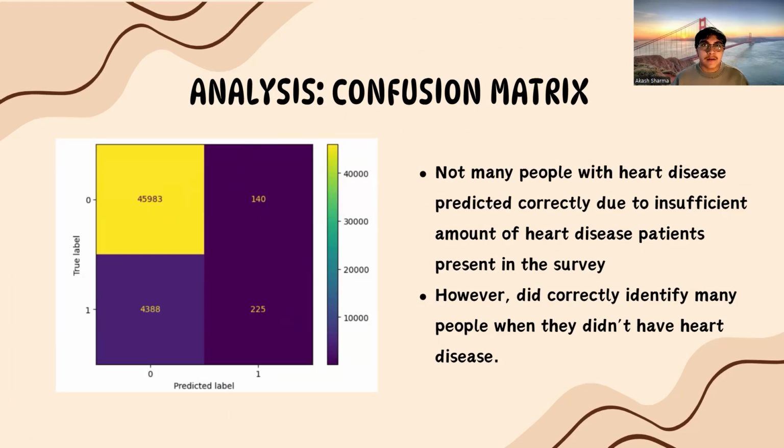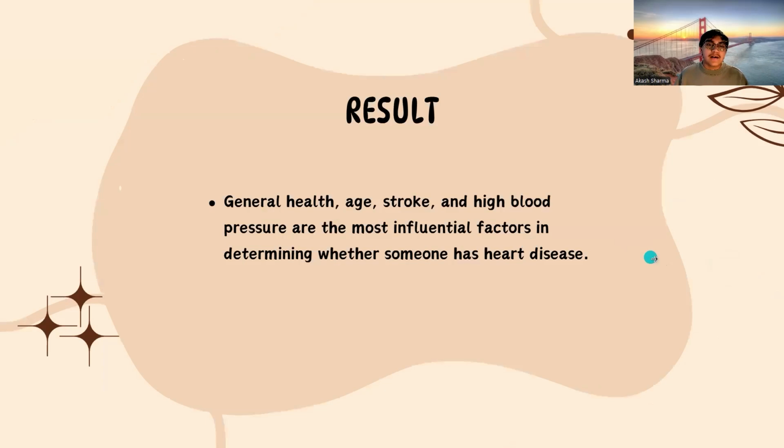Now, since the amount of people who have heart disease still make up only a small percentage of the population, there wasn't much data collected to train the model on people who have heart disease. As a result, it wasn't able to correctly predict many people who have heart disease. But since a lot of people do not have heart disease, it was able to correctly predict if someone did not have heart disease.